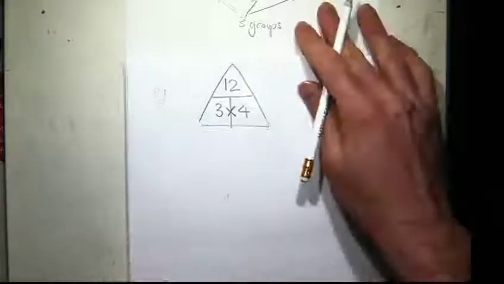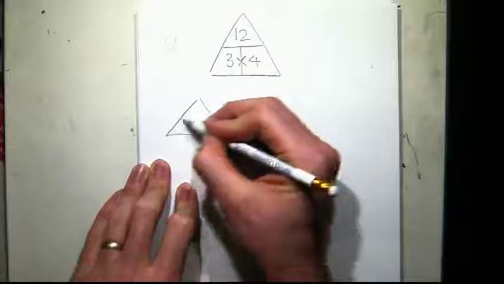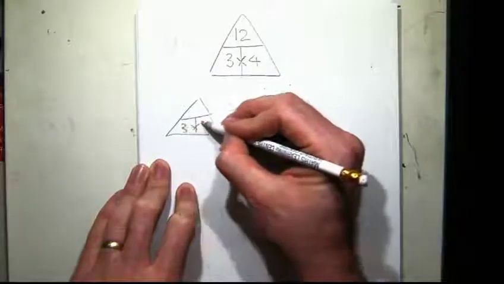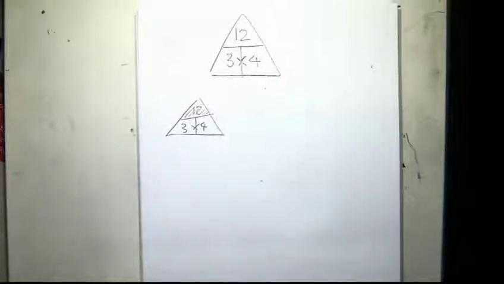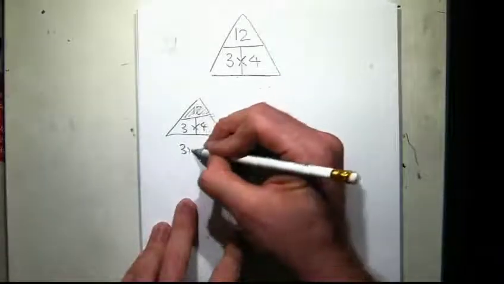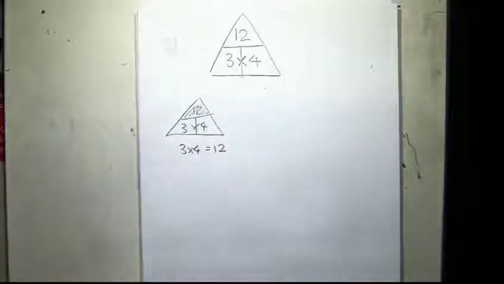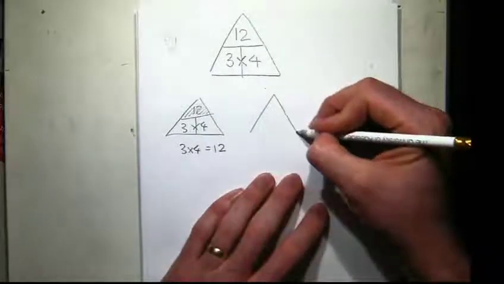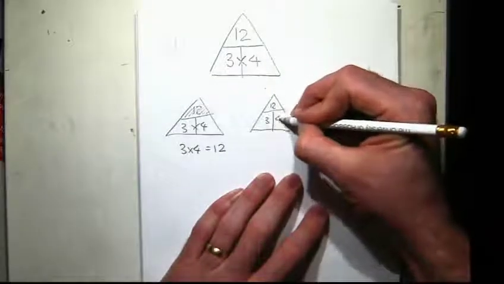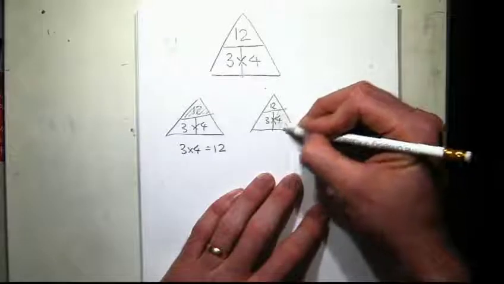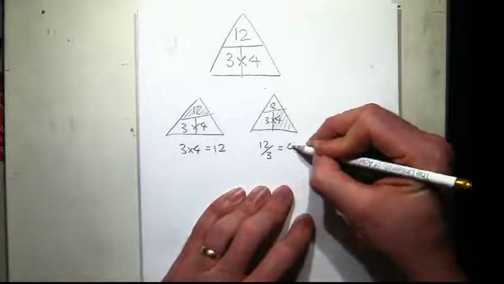So I'm just going to draw the 3 pictures so that you can see it. That's 3 times 4 is 12. Or 12 is 3 times 4, either way. I could cross out the 4 and have 12 divided by 4 is equal to 3.